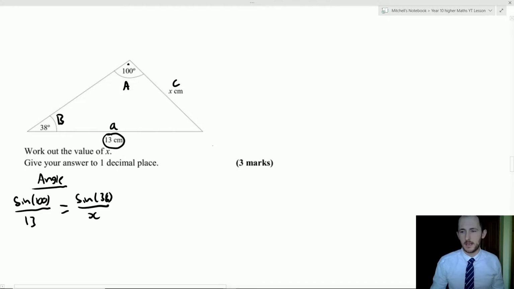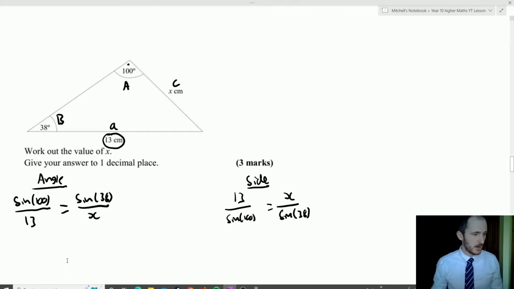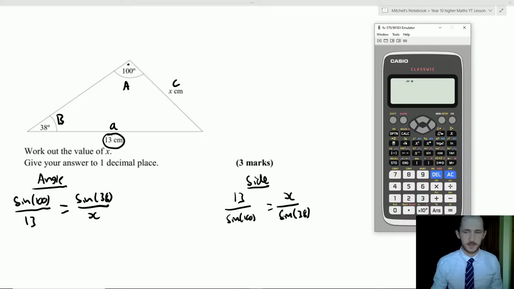That's it. Now if you did this in terms of sides, then you flip the whole thing over. 13 over sine 100, again it's just the angle side pair, equals x over sine 38.